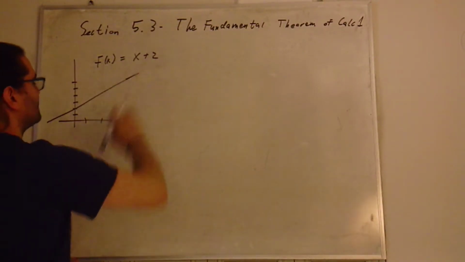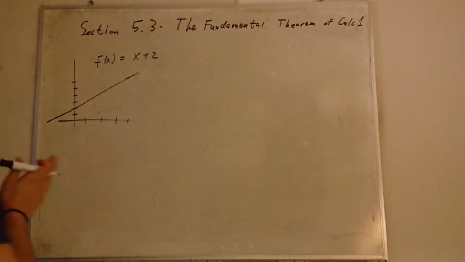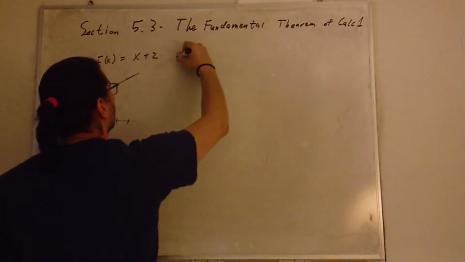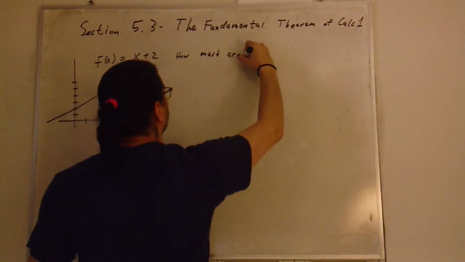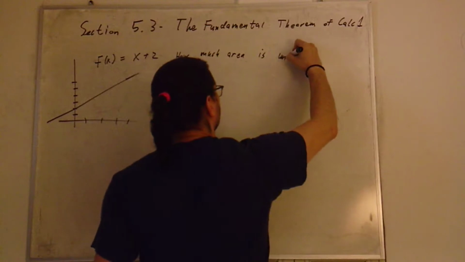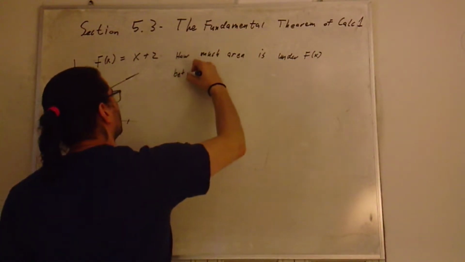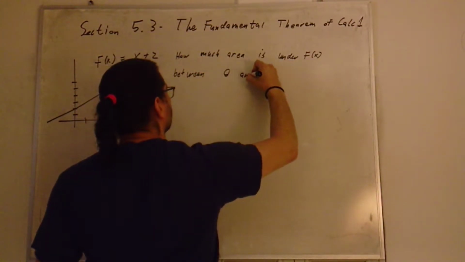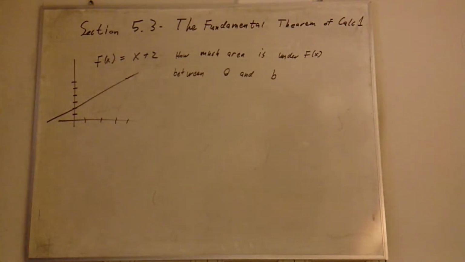It can be anything you want. Okay. So the question is, I want to know how much area is under f of x between 0 and, let's say, b. B seems like a good bound. B for bound. We'll do that.